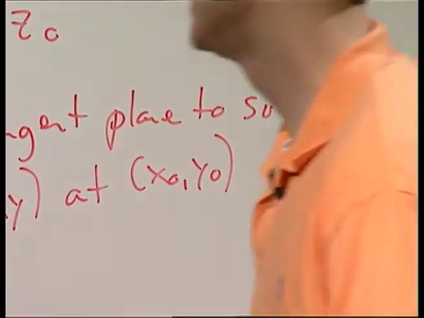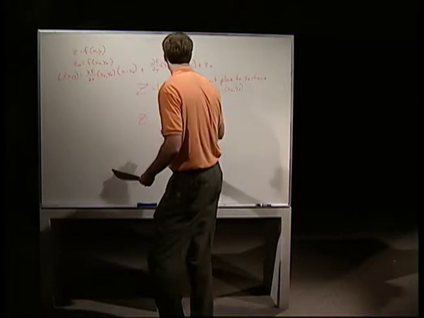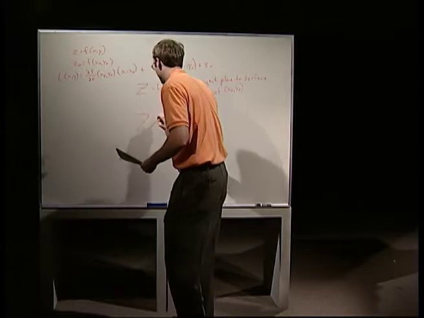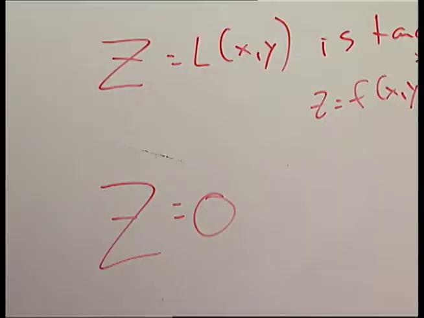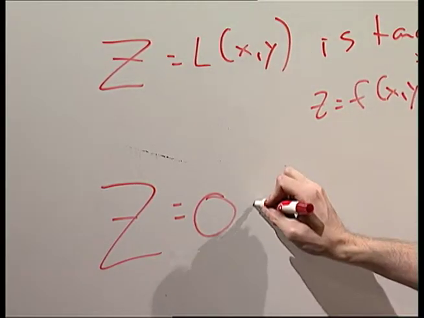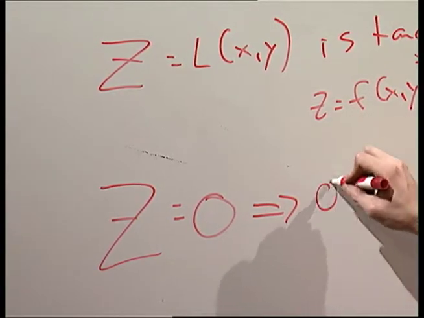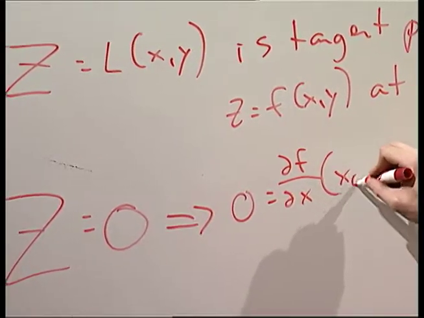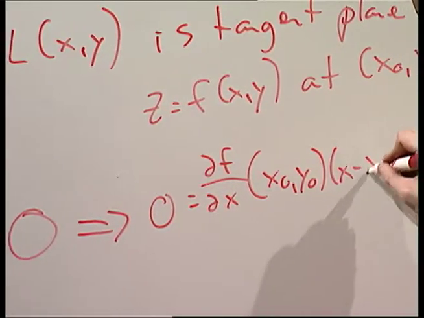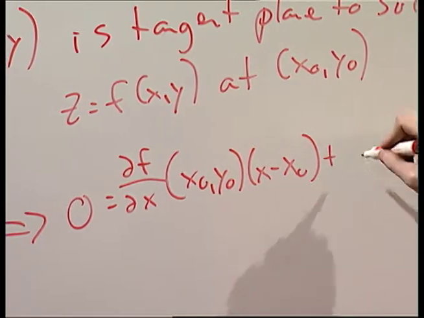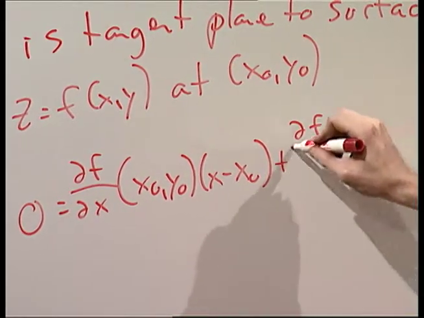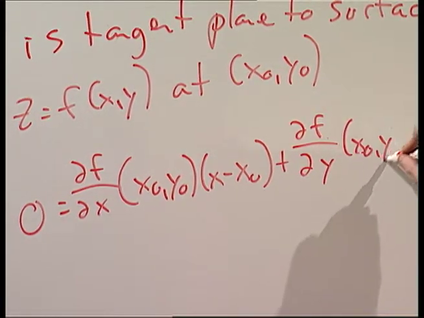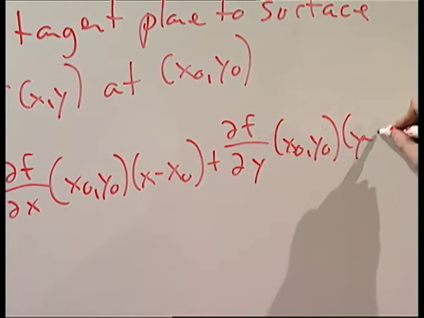Because if I set capital Z to 0, what does that mean? It means I've got 0 equals partial f, partial x at x naught, y naught times x minus x naught, plus partial f, partial y at x naught, y naught times y minus y naught.